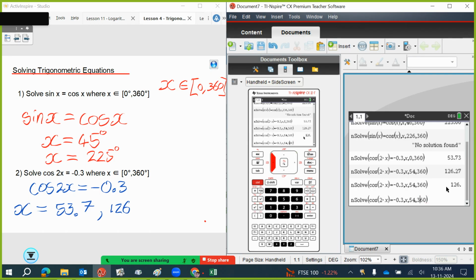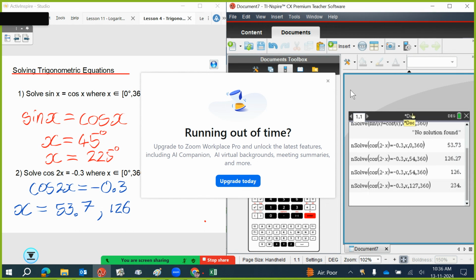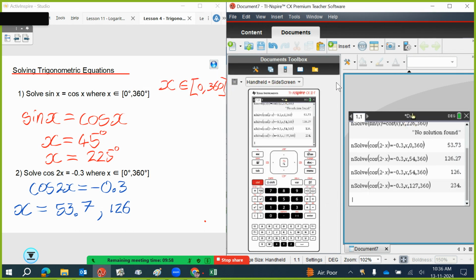The 54? What will I change it to? 127. Excellent, Farrell. You should always write every answer to 3 significant figures, unless specified to do something else. Either exact answer or 3 significant figures.